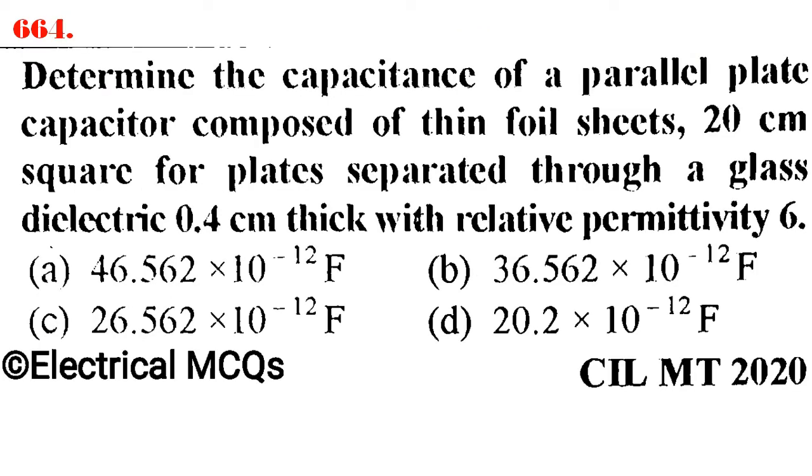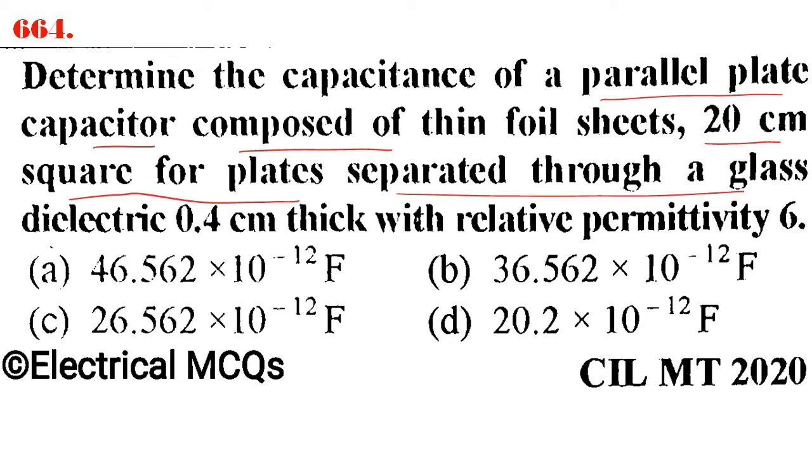So what is the question? Determine the capacitance of a parallel plate capacitor composed of thin foil sheets 20 centimeters square for plates separated through a glass dielectric of 0.4 centimeter thick with relative permittivity of 6. So what we know?